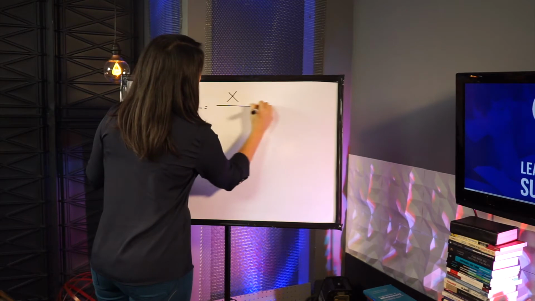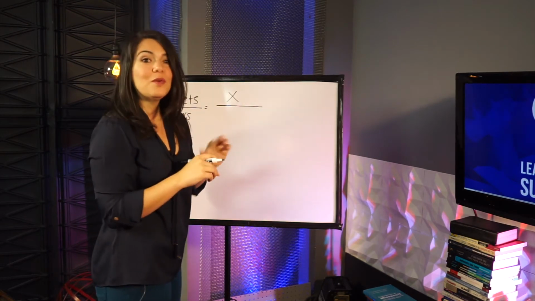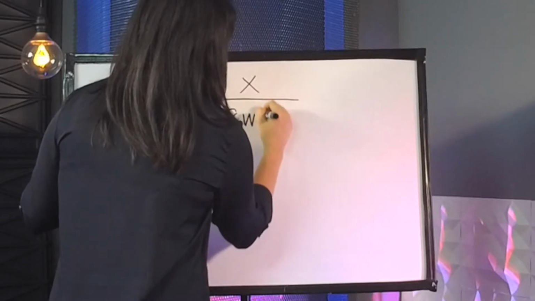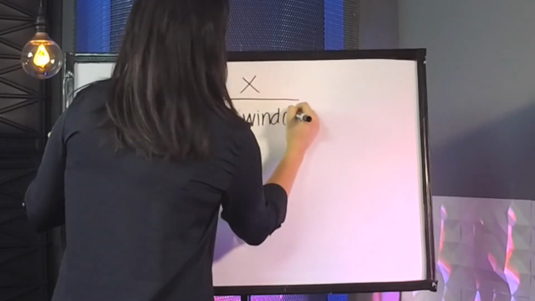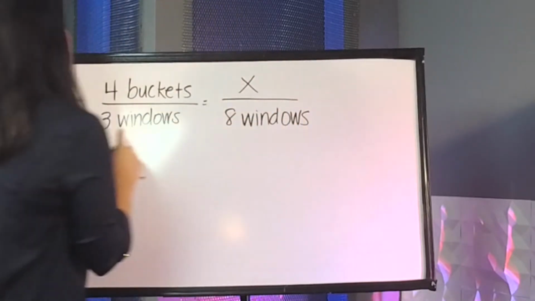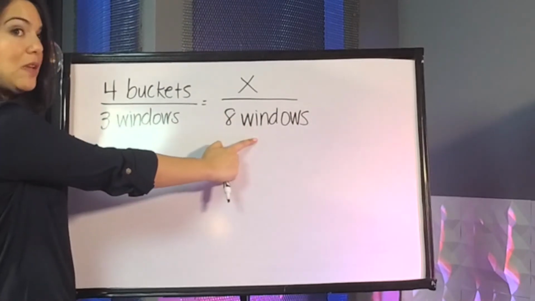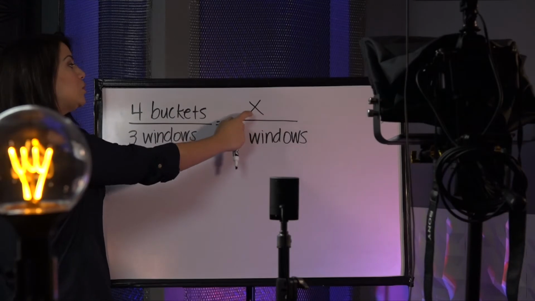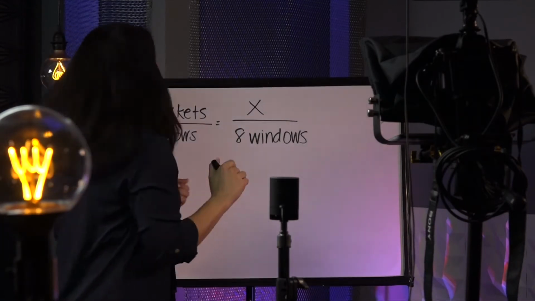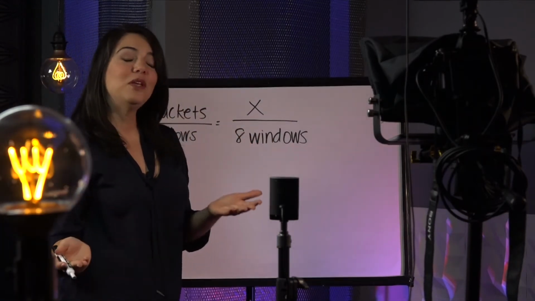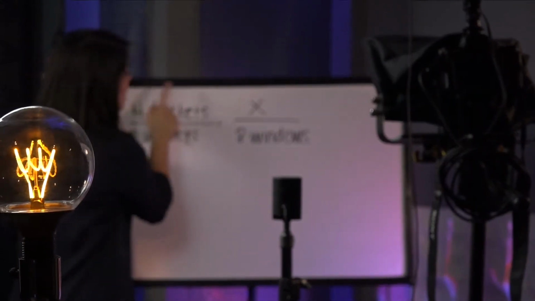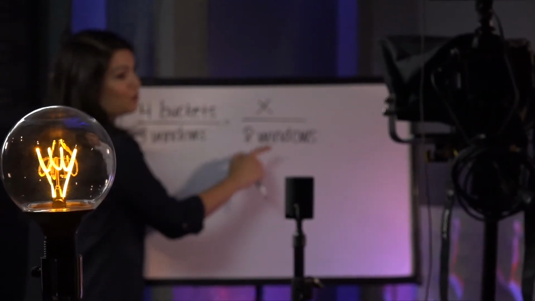So x goes up here, but we do know that we are going to wash 8 windows with these buckets. So we're going to set it up in the bottom. Windows and windows are the same denominators, and buckets, when we solve for this x, that means we're solving for buckets. Got it? All right, let's cross multiply because that's what we can do every single time we have one of these questions, when we have a fraction with an equal sign and another fraction.